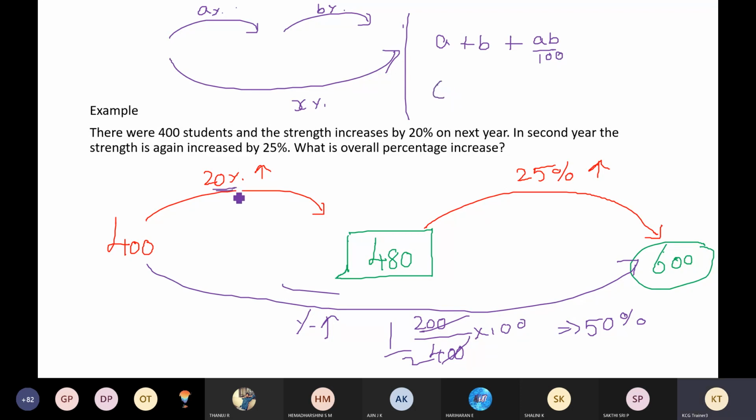If it is a 20% decrease, use minus 20. That's all. So here A is plus 20, and B is plus 25, plus 20 into 25 divided by 100, which is 5. So 45 plus 5, overall 50% is the increase.